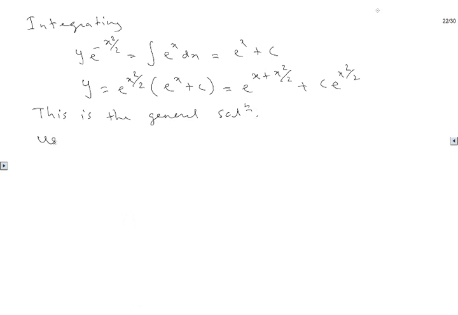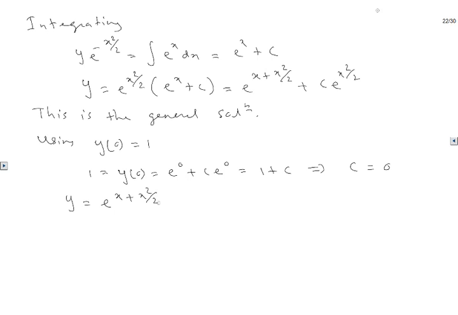Now using the initial condition y(0) equal 1, we have 1 equal y(0). That means just plug in 0 where you see x, so it is e to the 0 plus c e to the 0, so this says 1 plus c, which means c equals 0. Okay, so c equals 0, so that means your solution is y equal e to the x plus x squared over 2.